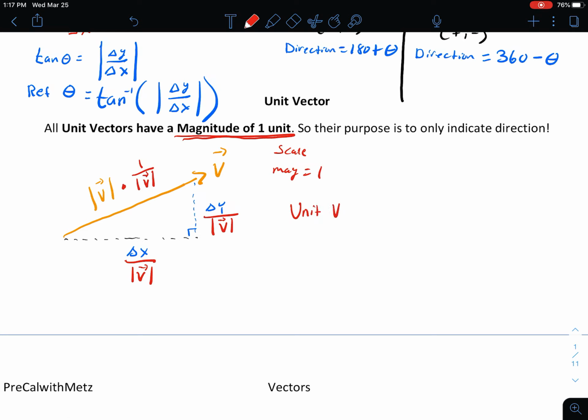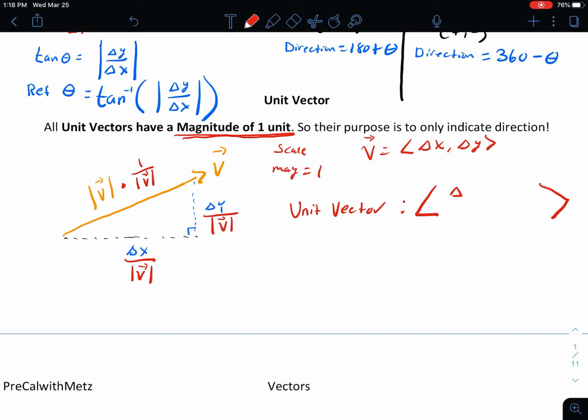Which means that for a unit vector, you take the components of vector v, change in x by change in y, and divide those components by the magnitude of v. And that will give me my unit vector.